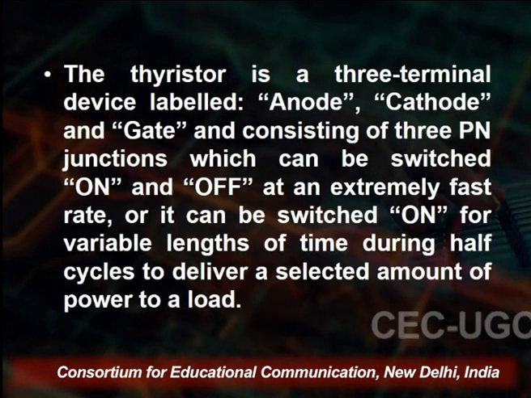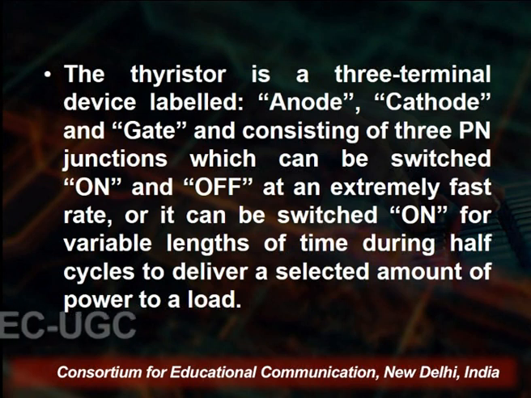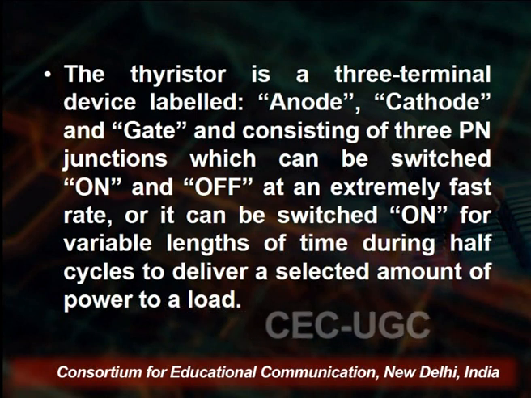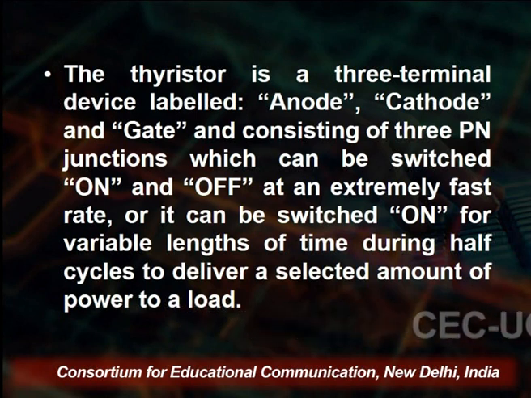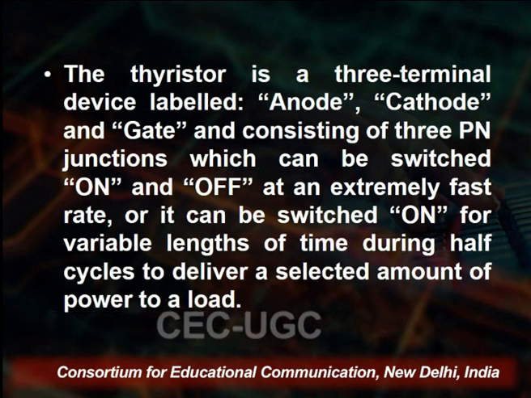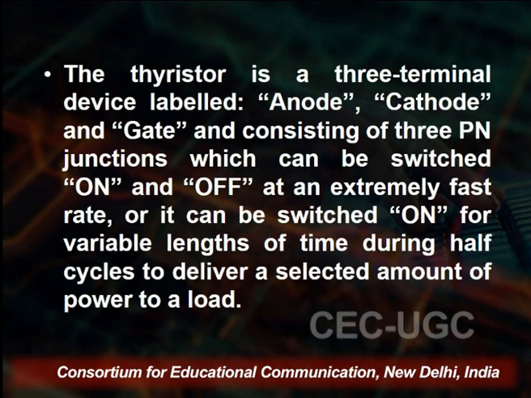The thyristor is a three terminal device, as we have seen in the diagram. The three terminals are the anode, the cathode, and the gate, consisting of three PN junctions, which can be switched on and off at an extremely fast rate.